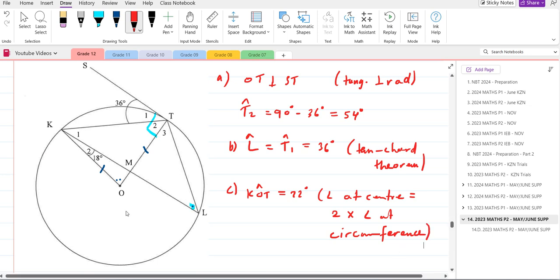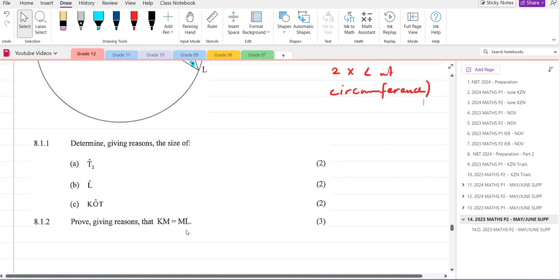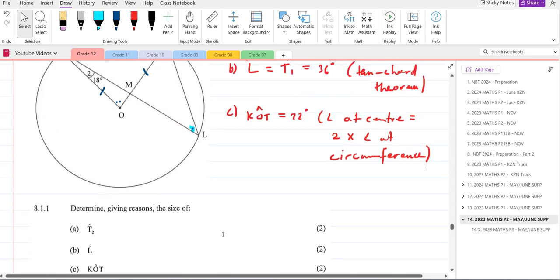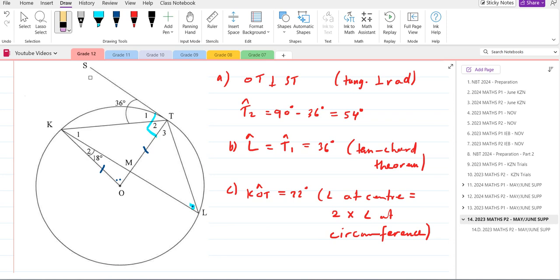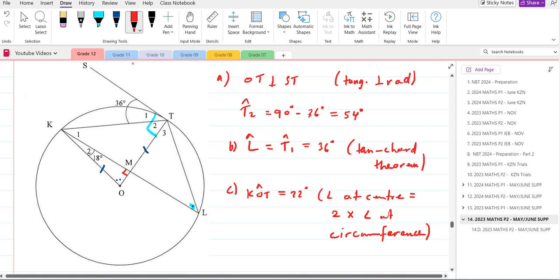Okay. Next one. Prove giving reasons that KM equals ML. Why is KM equals to ML? If KM equals ML, then we need to prove that this is 90 degrees here, right? So how can we prove that that is 90 degrees?